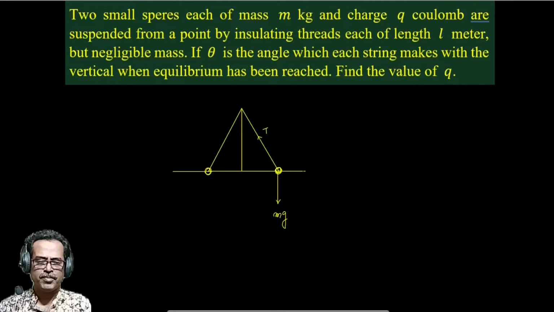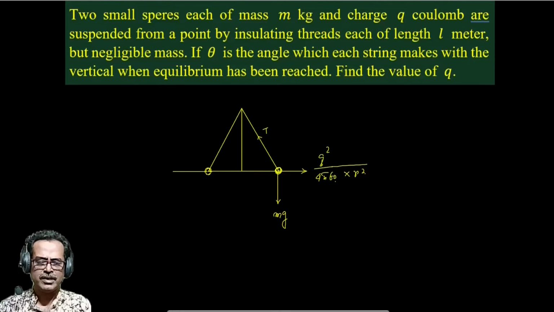and the force of repulsion acts along this direction, and that is 1 by 4 pi epsilon 0 q square upon r square. What is the value of r?